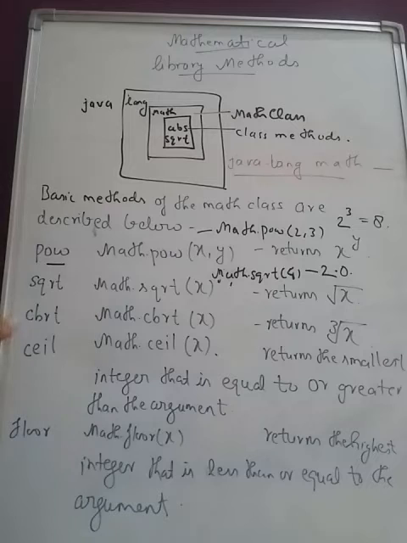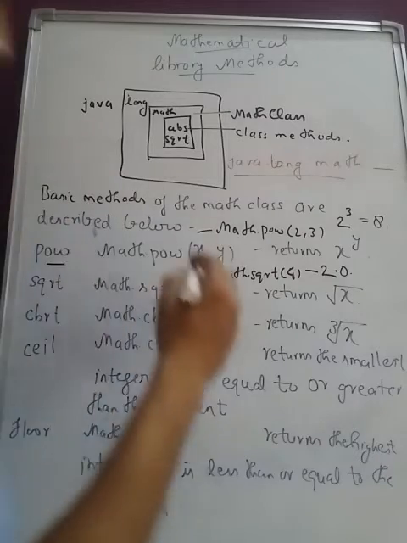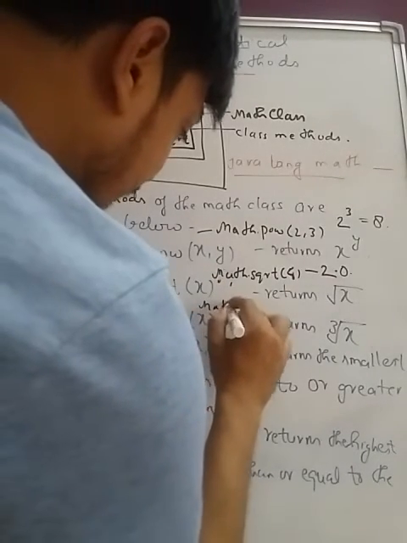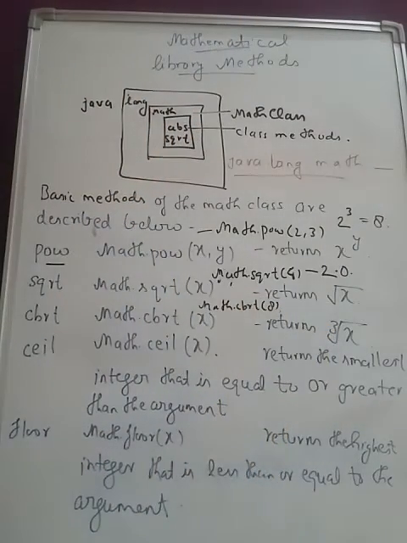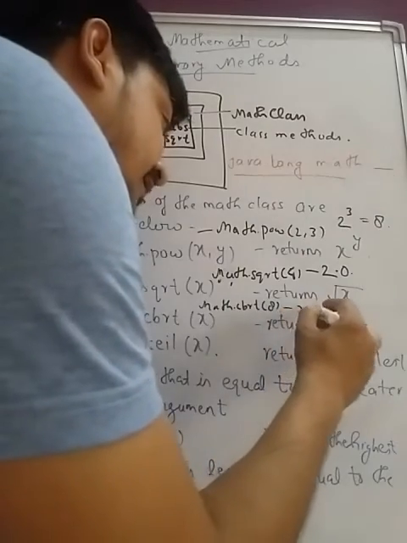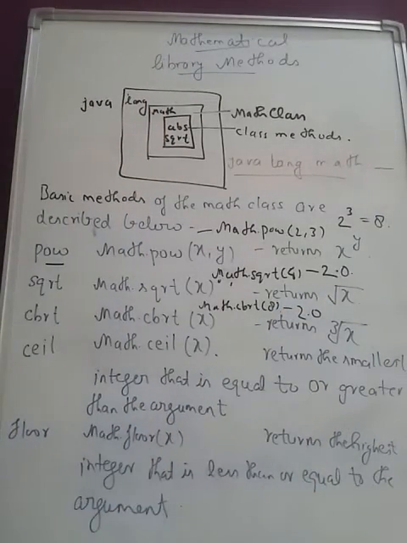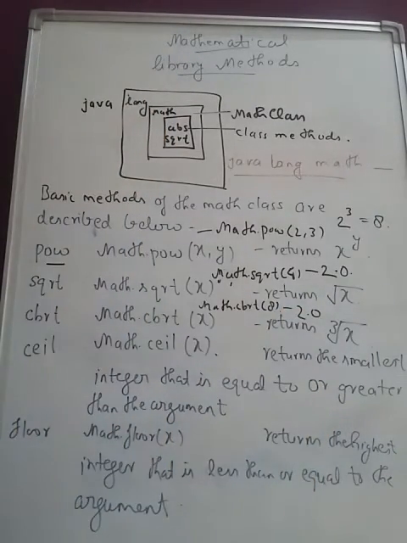Next is cbrt, where you calculate the cube root of a number. Suppose I have written Math.cbrt(8). The cube root of 8 is 2, and the same 2.0 will be written, because it again returns a double value. So these three we have discussed.